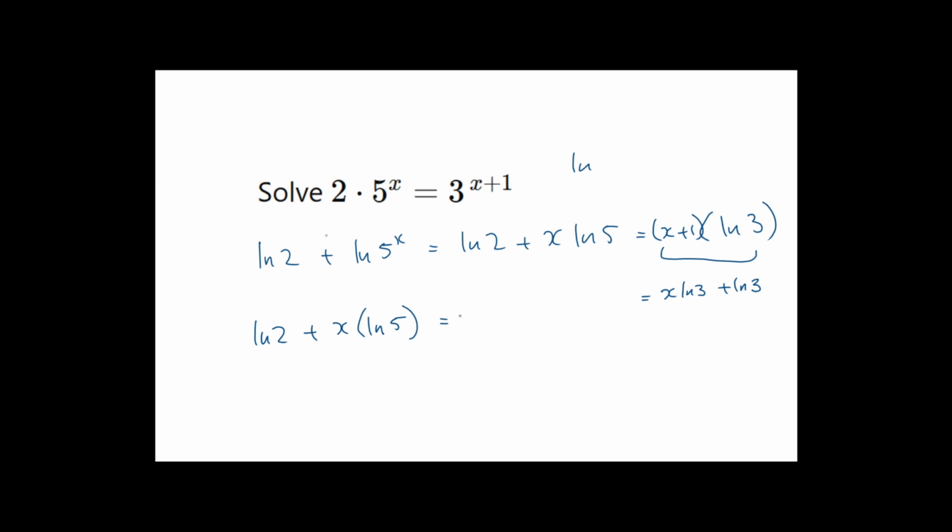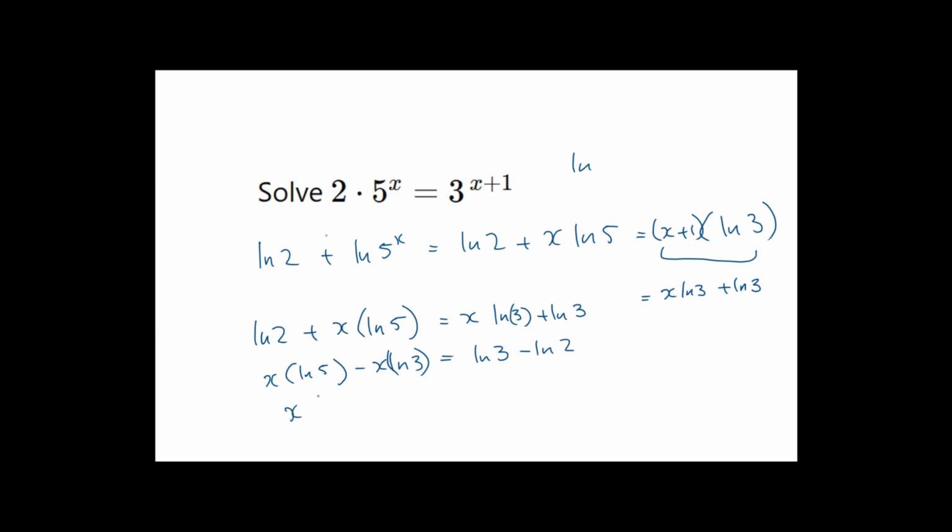It's going to be equal to x natural log of 3 plus the natural log of 3. And let's bring all the terms with x over to one side and all the terms without x over to one side. So it's going to be x natural log of 5 minus x natural log of 3 is going to be equal to natural log of 3 minus natural log of 2.